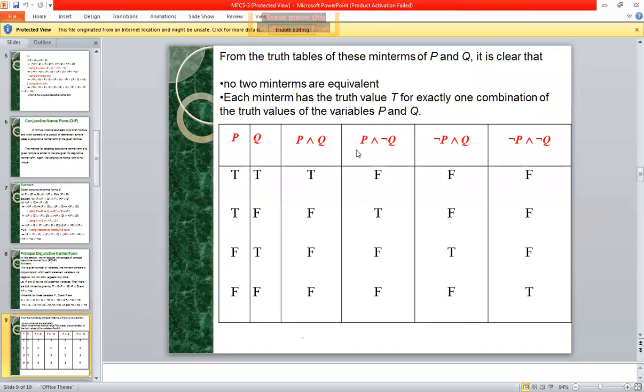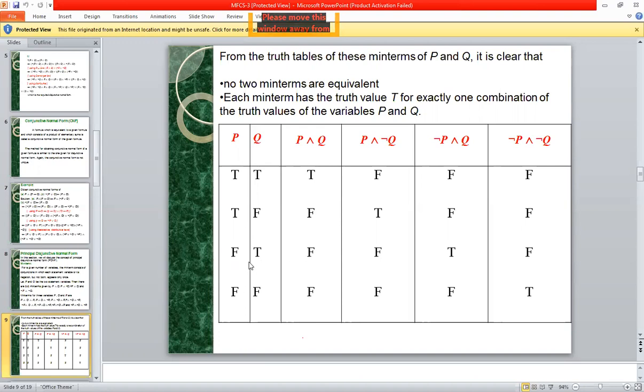For P and negation Q, when P is true and negation Q is true, the compound statement has truth value true, otherwise it is false. Okay, so negation P and Q.